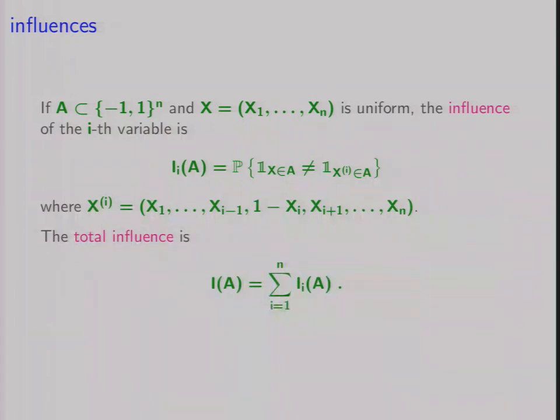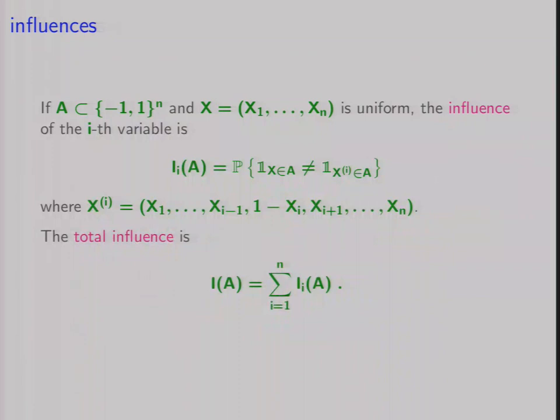Now, we look at a subset of the hypercube. Okay? And we want to know whether this X is in this set or not. Now, the influence of the ith variable is defined as the probability that if I change the ith variable, then I go in and out of the set.